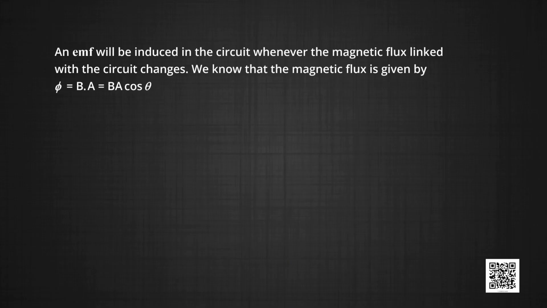An EMF will be induced in the circuit whenever the magnetic flux linked with the circuit changes. We know that the magnetic flux is given by phi equal to B dot A, where B is the magnetic field and A is the area vector, which will be equal to B A cos theta.